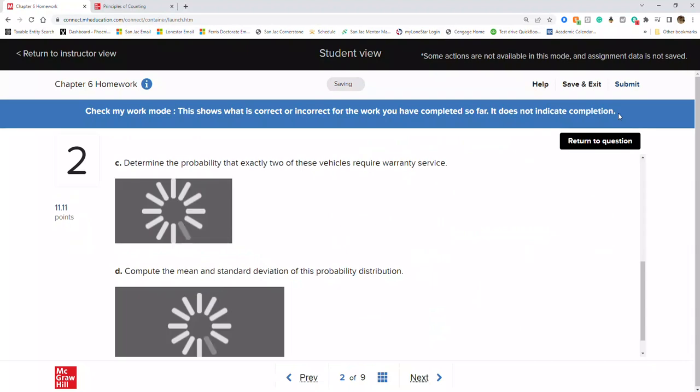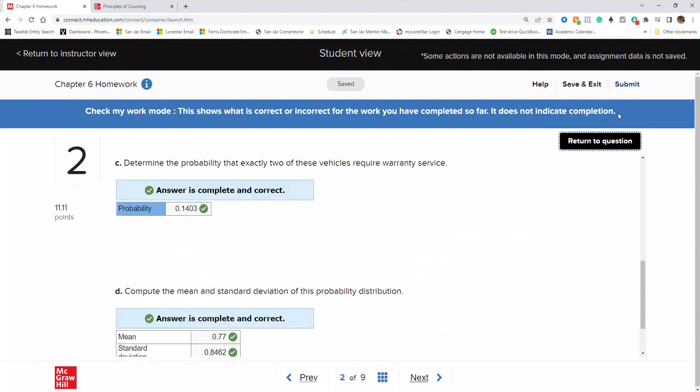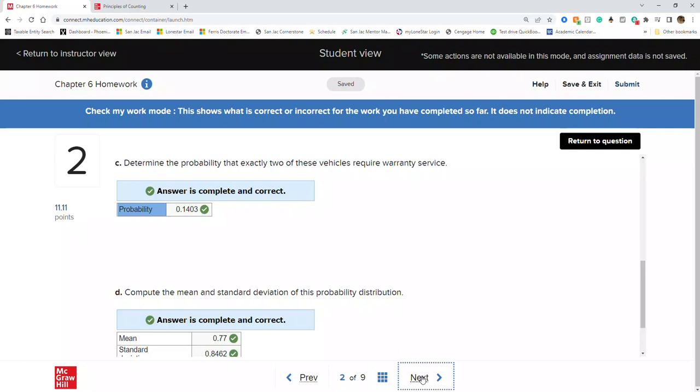That should be my standard deviation. And there we go. So that's question number 2. So really with question number 2, the biggest thing was that whole probability and how to calculate that. Next, we're going to jump to question 3.